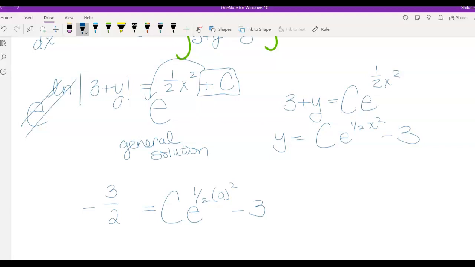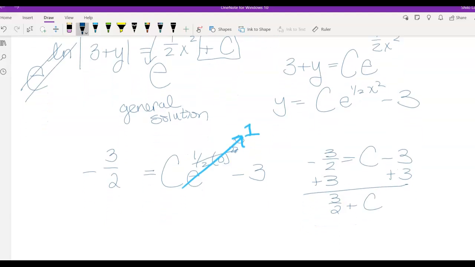0 squared is 0, and then times 1/2 is 0. But be careful, because e to the 0 is equal to 1. And c times 1 is just c. So we've got -3/2 is equal to c minus 3. We'll just add that 3 value over, and we get c is +3/2.